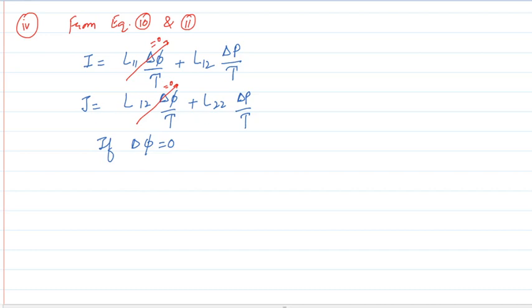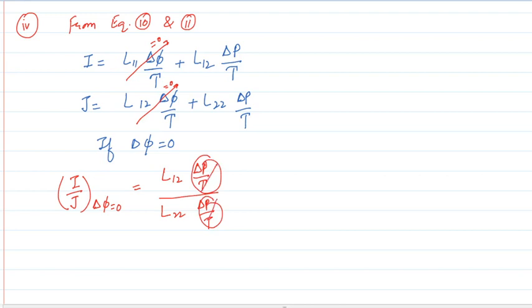So we can simply divide now I upon J when delta phi is equal to 0, which will be simply equal to L12 delta P upon T and L22 delta P upon T. So this and this will go, and it will be simply equal to L12 upon L22.